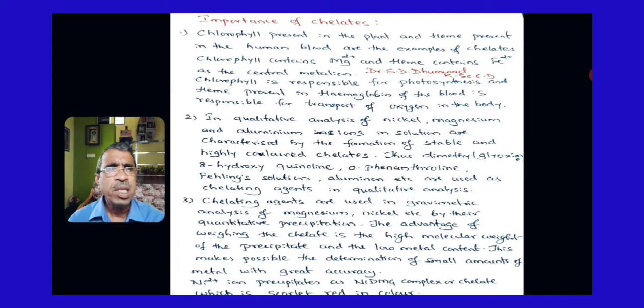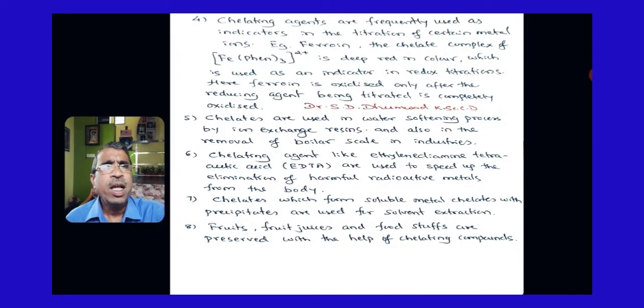Here the nickel precipitates as nickel DMG complex, the chelate, which is scarlet red in color, and based upon weighing the precipitate of this, we can find out the amount of nickel present in the solution.